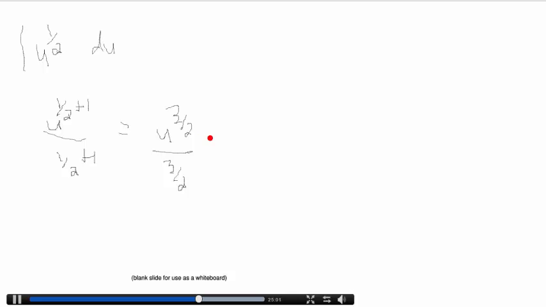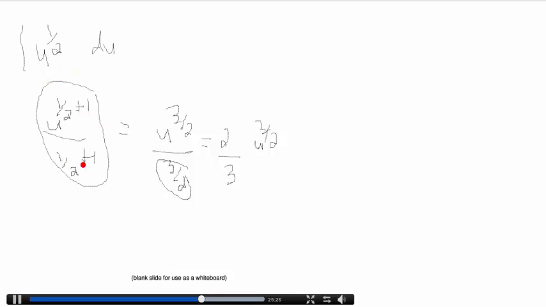But this is 1 upon 3 upon 2. So the denominator can be written as 2 upon 3 u to the power 3 upon 2. So from here we got this.